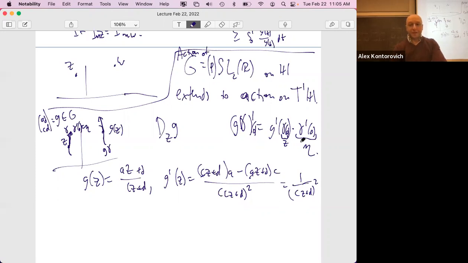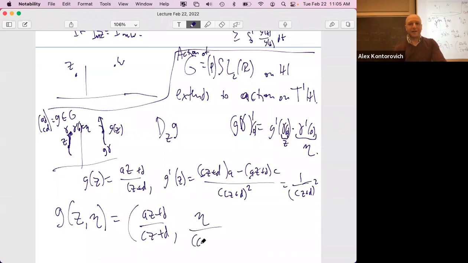Okay. So what is G of Z, eta? Well, it's the fractional linear action, AZ plus B over CZ plus D. And what is the action on the tangent vector? It's exactly what we said here. It's the tangent vector, whatever it was, divided by CZ plus D squared.